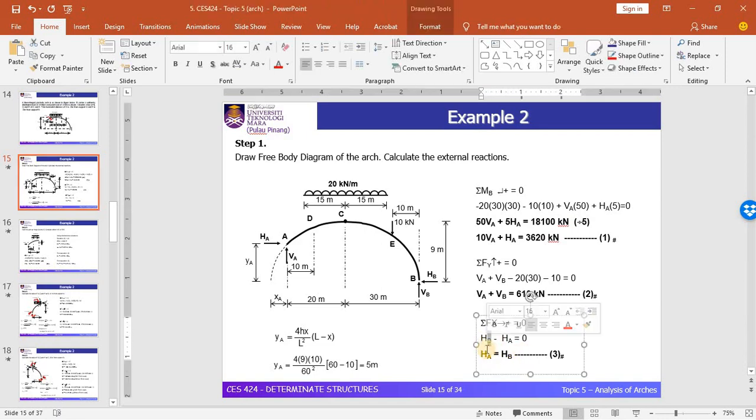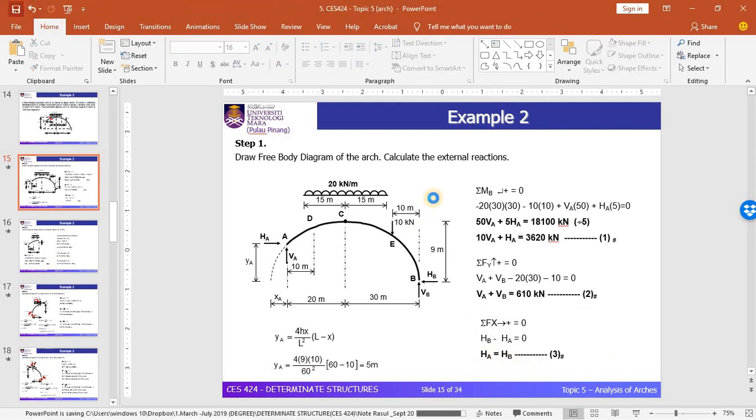This should be HB. The value of YA here is equal to 5 meter, which is applied in the first equation. In order to get the first equation, we need to have this value of YA.